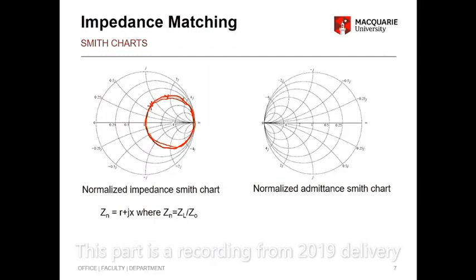So that means the normalized impedance will be 1 plus jx. When x is 0, you are here. When x is something else, you are here. As x increases, you'll move that way. As x becomes negative, you'll move this way.